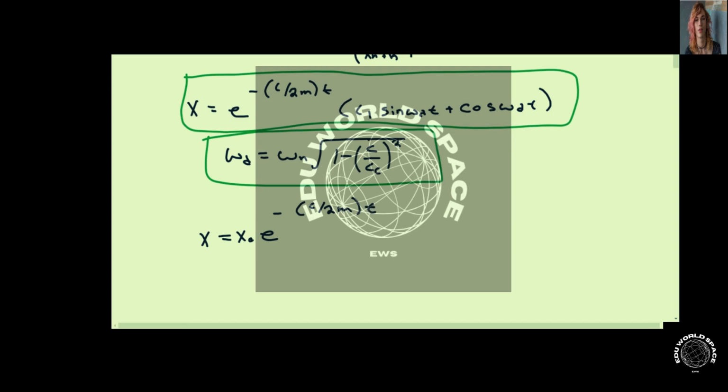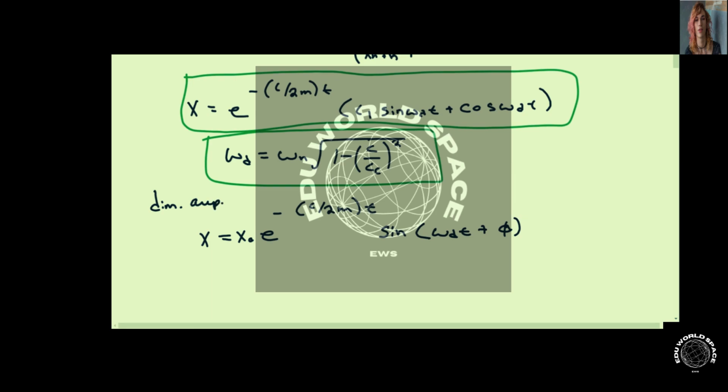And since it's diminishing, we are just going to be looking at the sine of it. So we have sine wd t plus phi. Okay, and this is your diminishing amplitude.